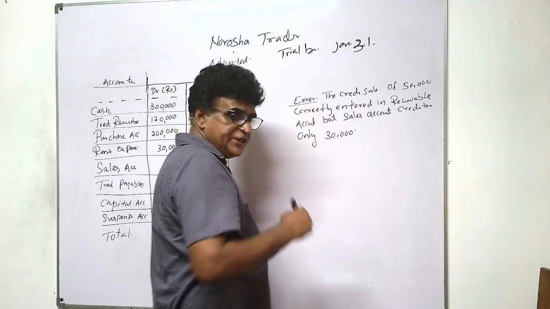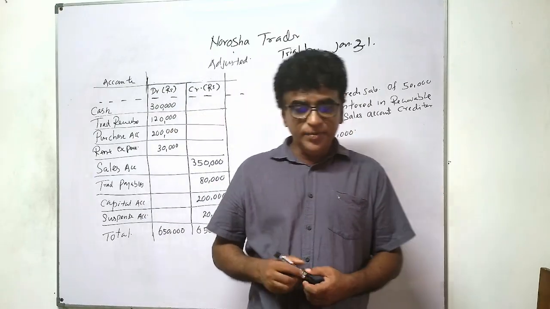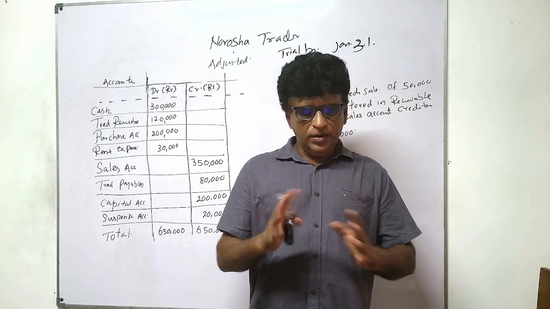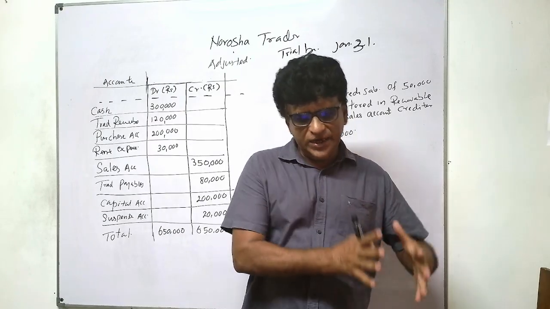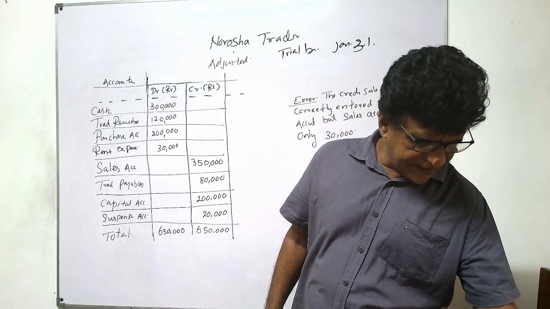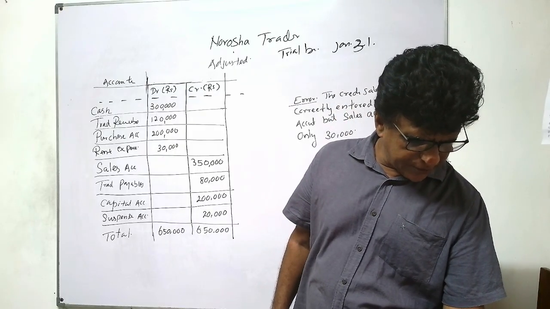In addition to this error, there may be some adjustments we have detected for the last month, for the last accounting period, right? In this example, there is an adjustment of accrued expense.